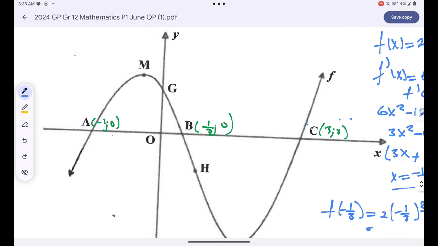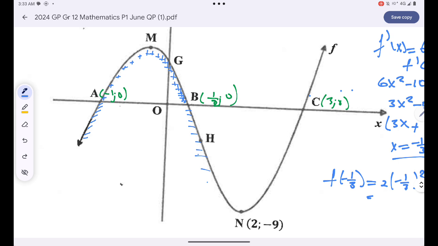Anywhere above the x-axis, my graph will be positive, and it will be negative whenever it's below the x-axis.